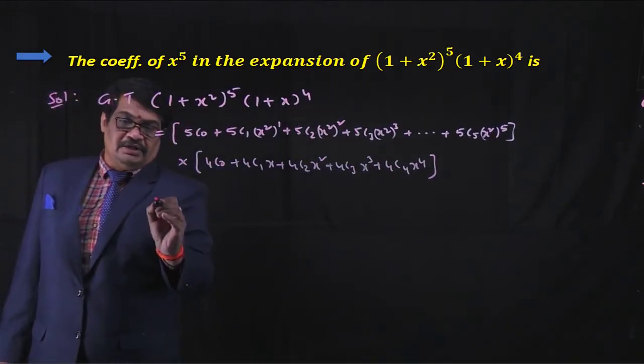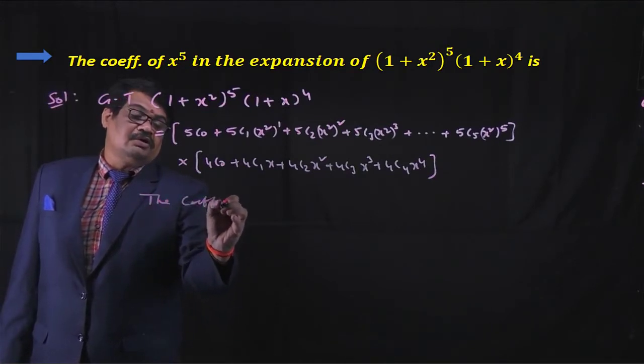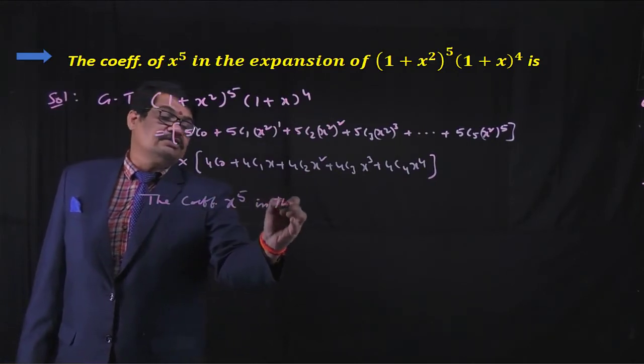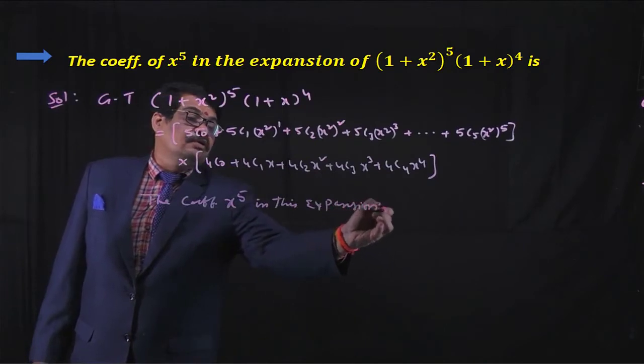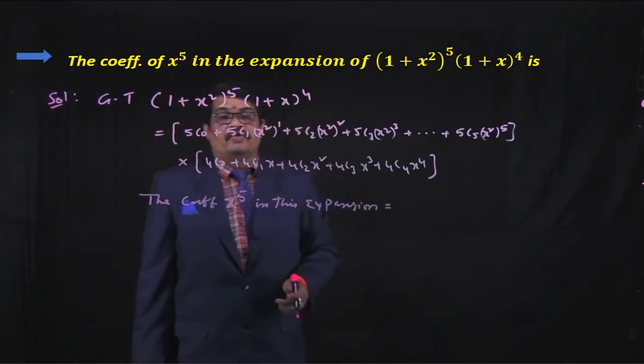Now we are writing the coefficient of x to the power of 5 in this expansion. Now we are collecting the x to the power of 5 coefficients.